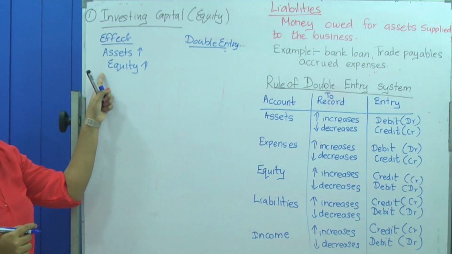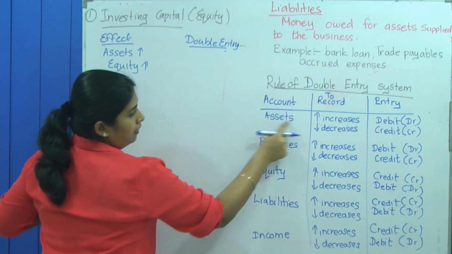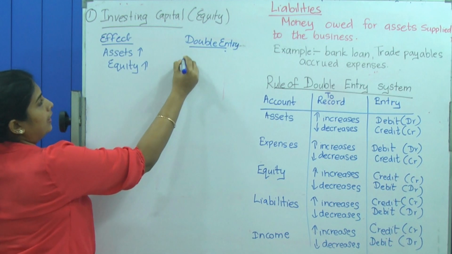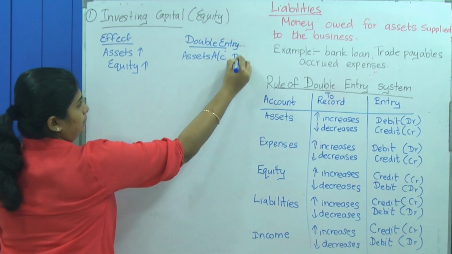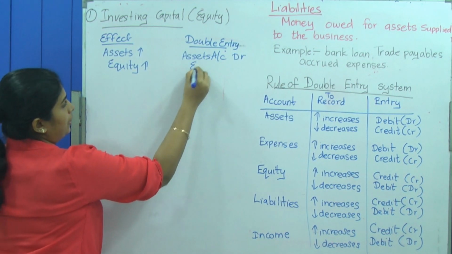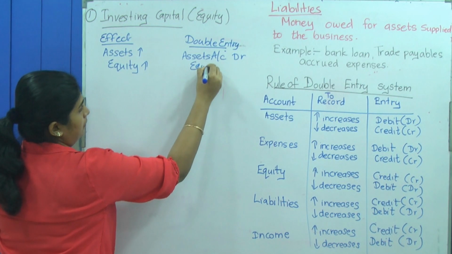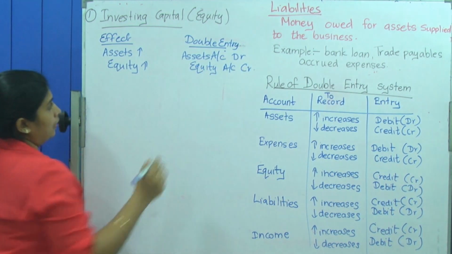So both are increasing. I have told you, when an asset increases, it will be debited to the particular account. That means in the double entry, the particular asset account will be debited, and the equity, when it increases, will be credited.